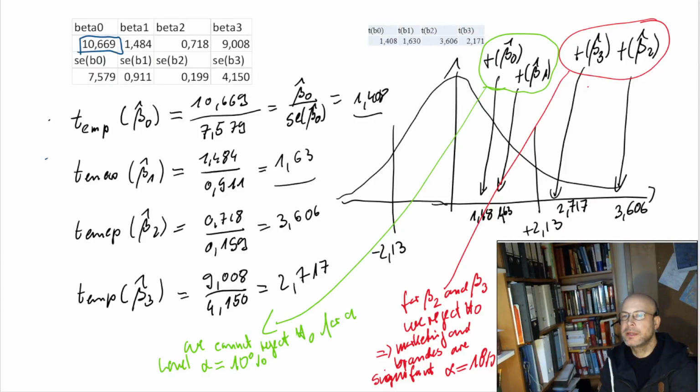So what would this mean if you do not know the result from the hypothesis testing? How would you interpret that beta 0 is 10?